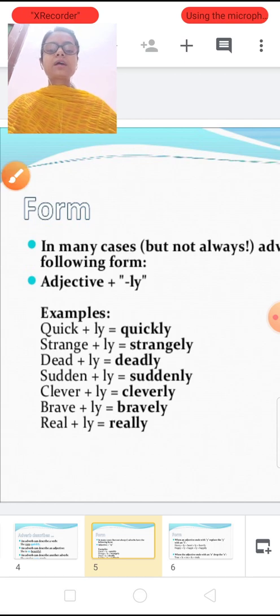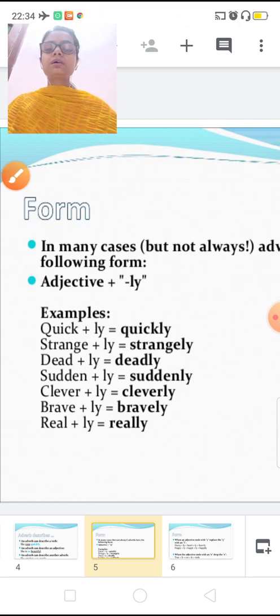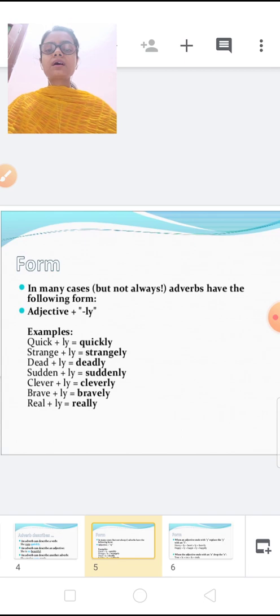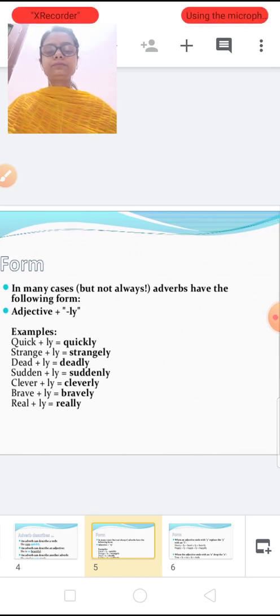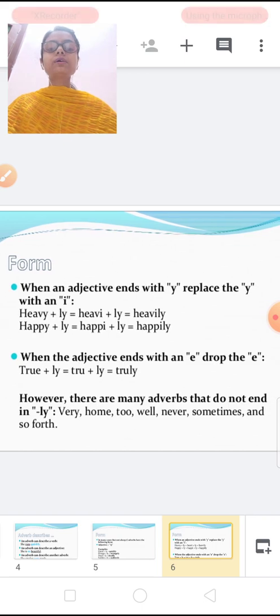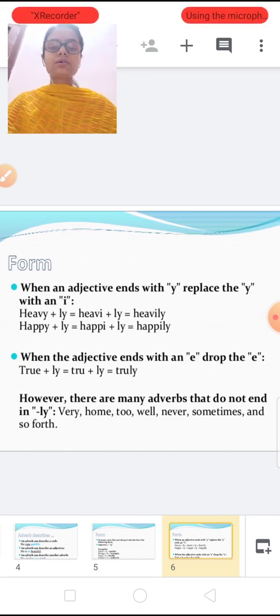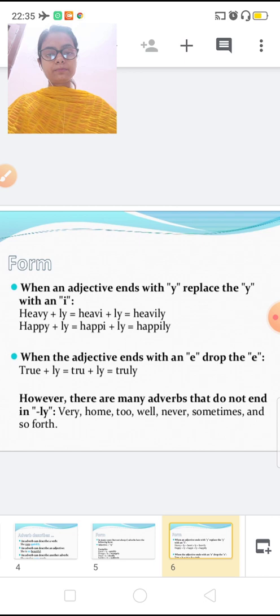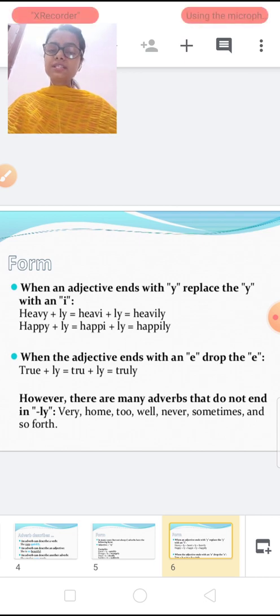So, in this way we can form an adverb. Here we have some more examples of forming adverbs. Now, as you see, in the first we add ly.